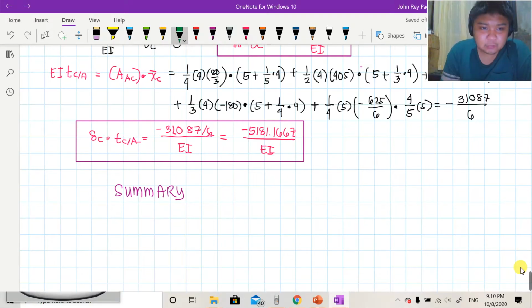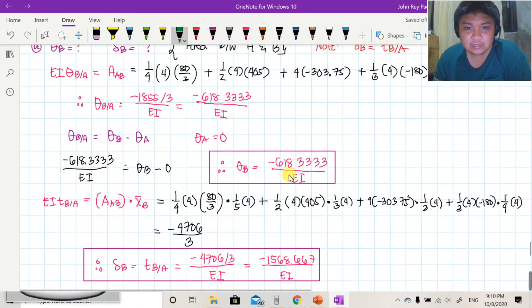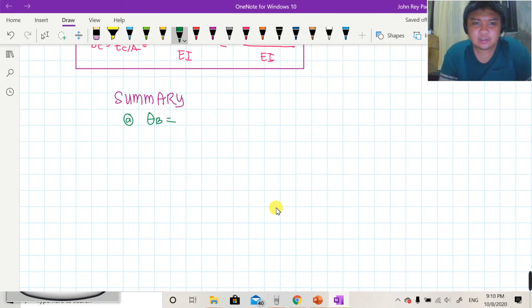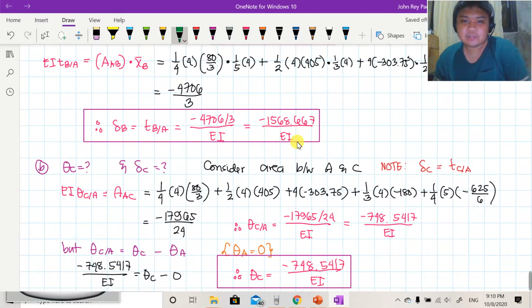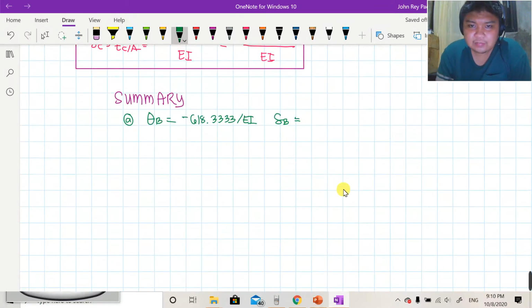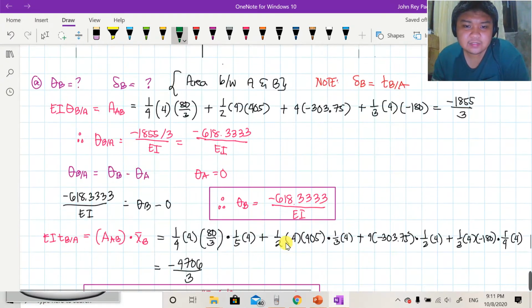So, yung una, slope and deflection at B. So, the slope at B will be equal to, nandito siya, class, negative 618.3333 over EI, while its deflection at B, class, is equal to, ito siya, negative 1568.667 over EI. Ayan na siya class, no? So, I hope that is clear.